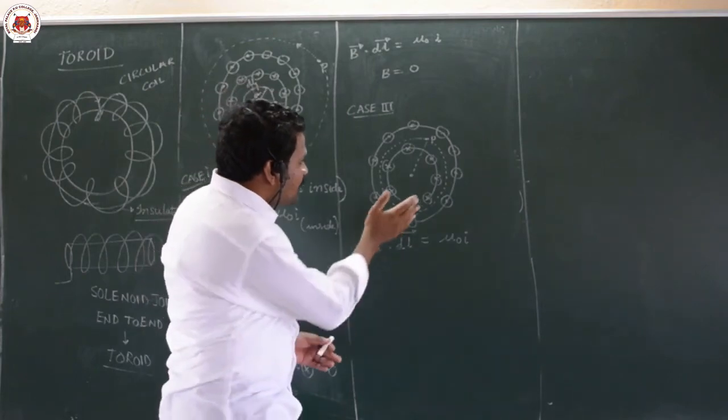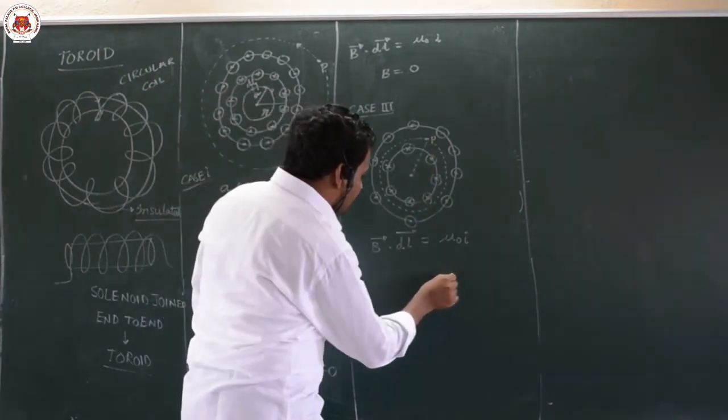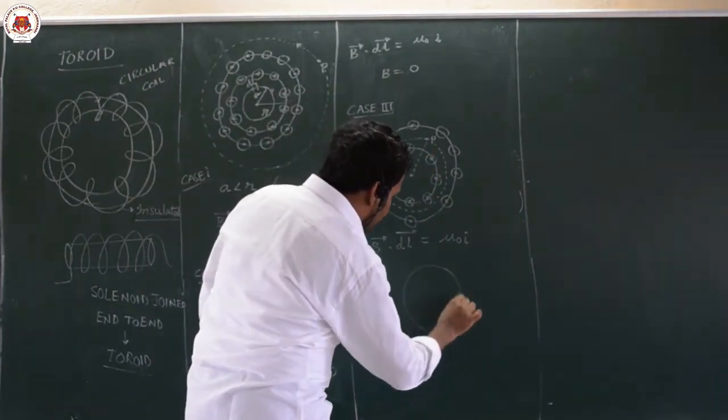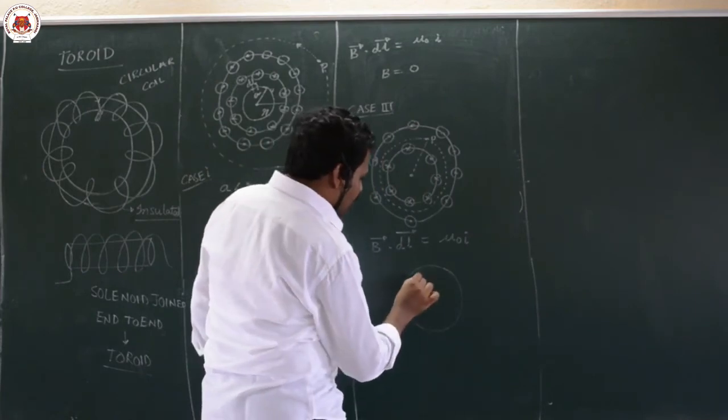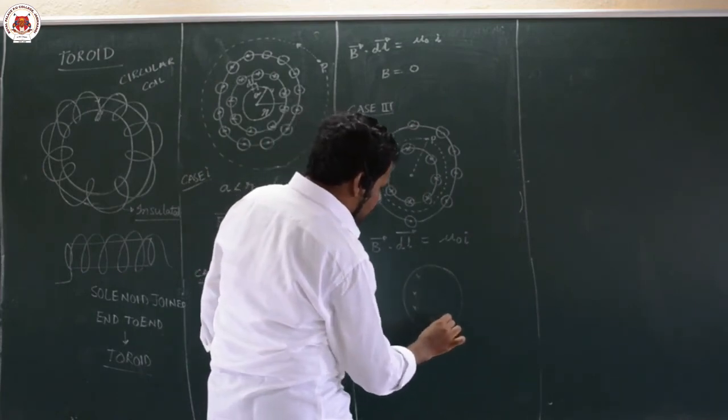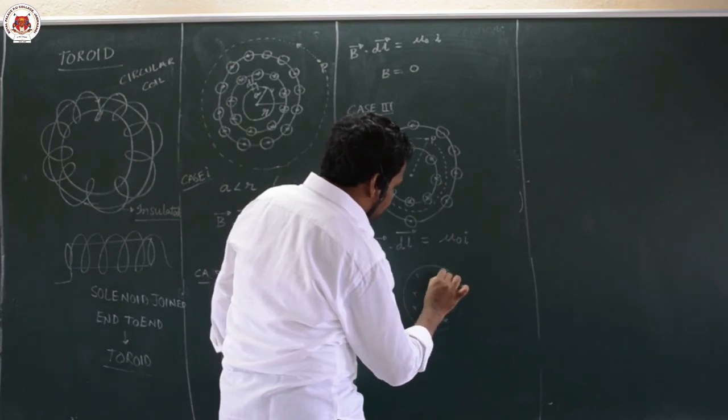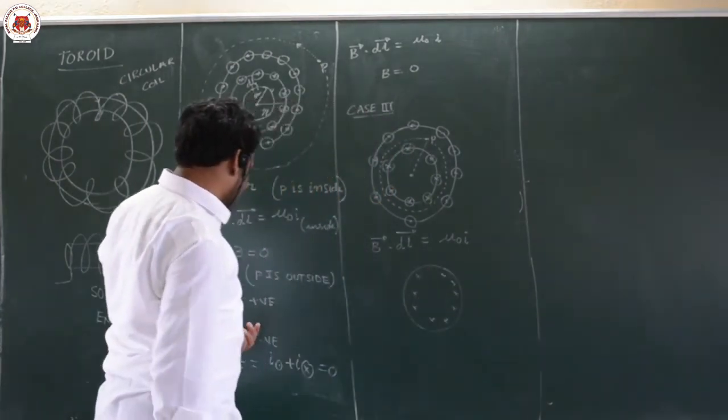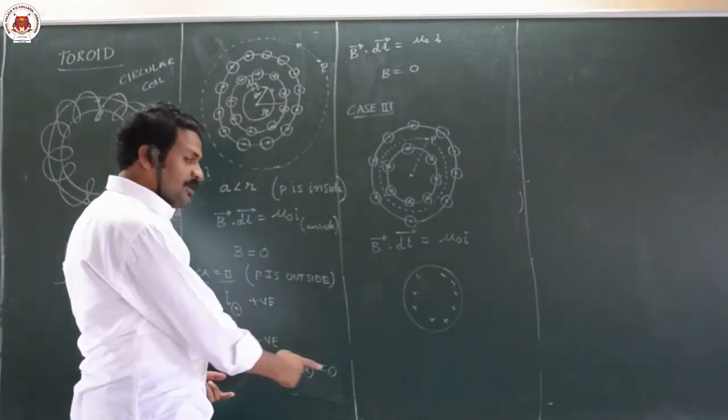So in this Amperian loop, I have only inward current, no outward current. Earlier I got total net current as I out and I in, which was 0.